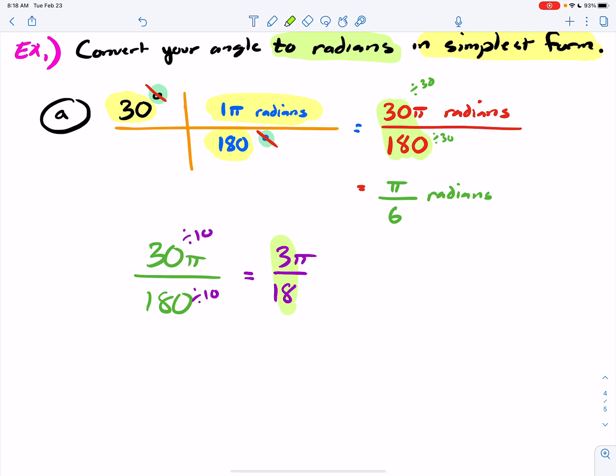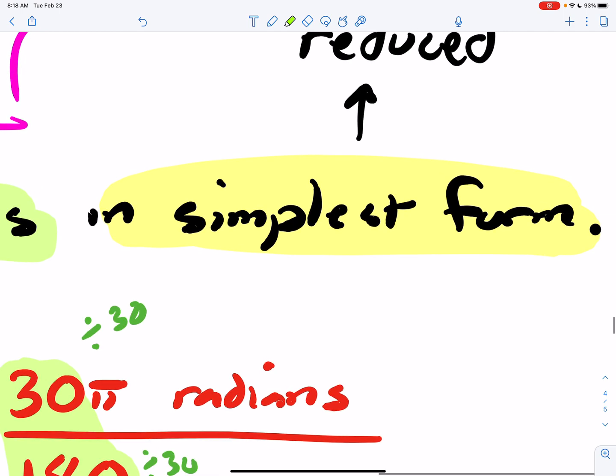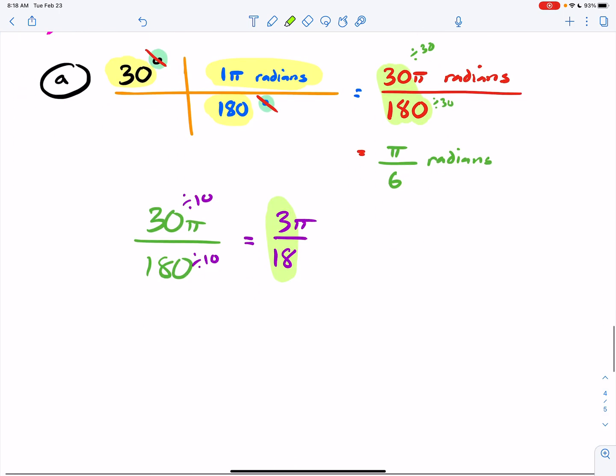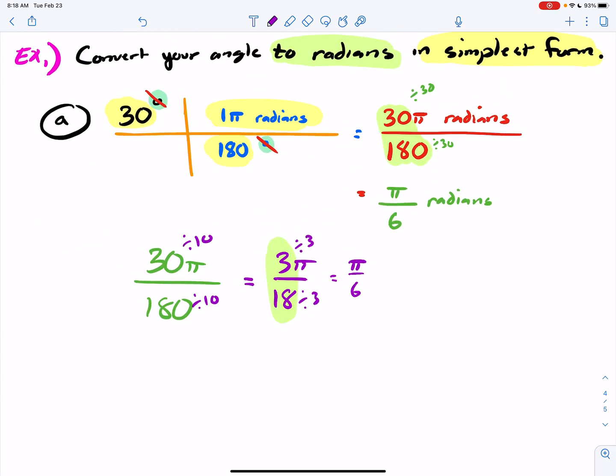But notice how you still have an opportunity to keep reducing. Remember that we want the simplest form, meaning that it has to be completely reduced. Here, I could still divide by another 3 and then get pi over 6. So it doesn't matter how you reduce it as long as you reduce it all the way.